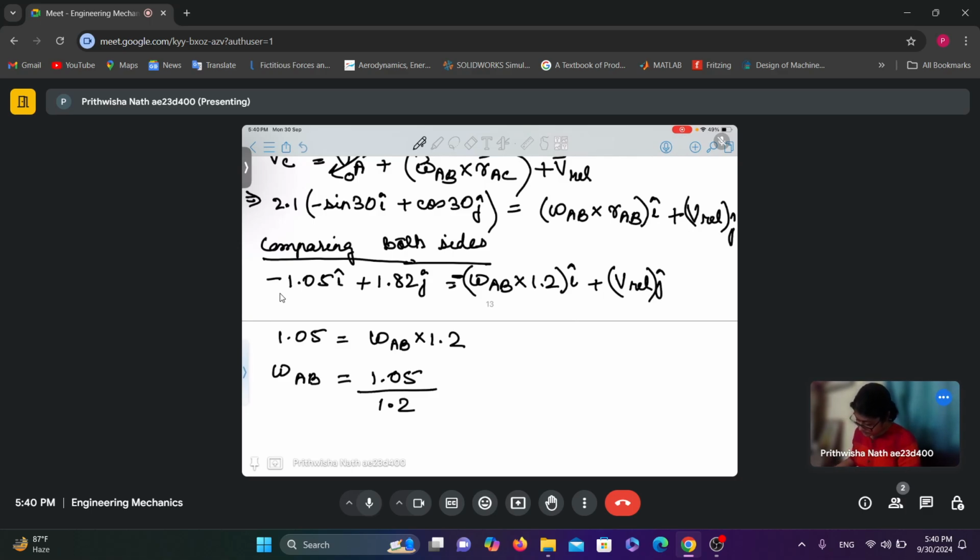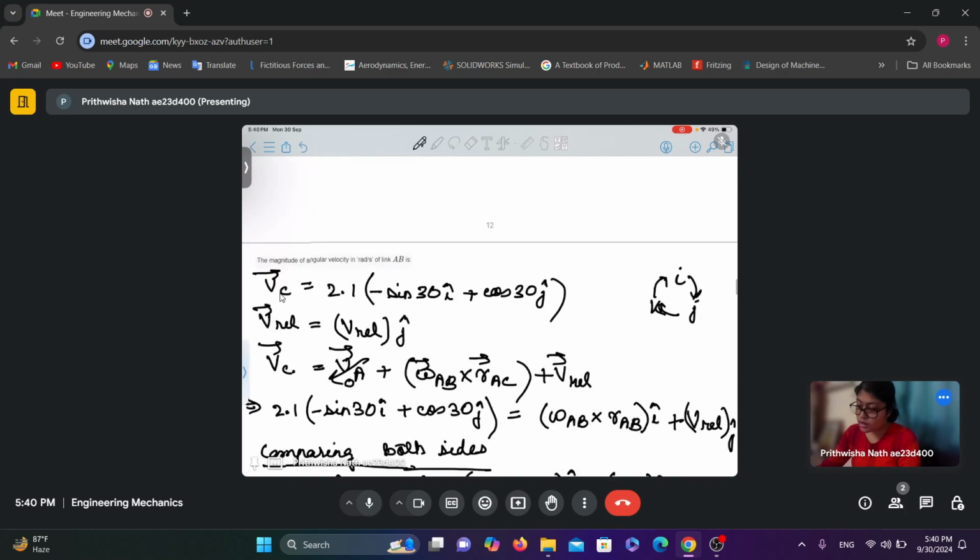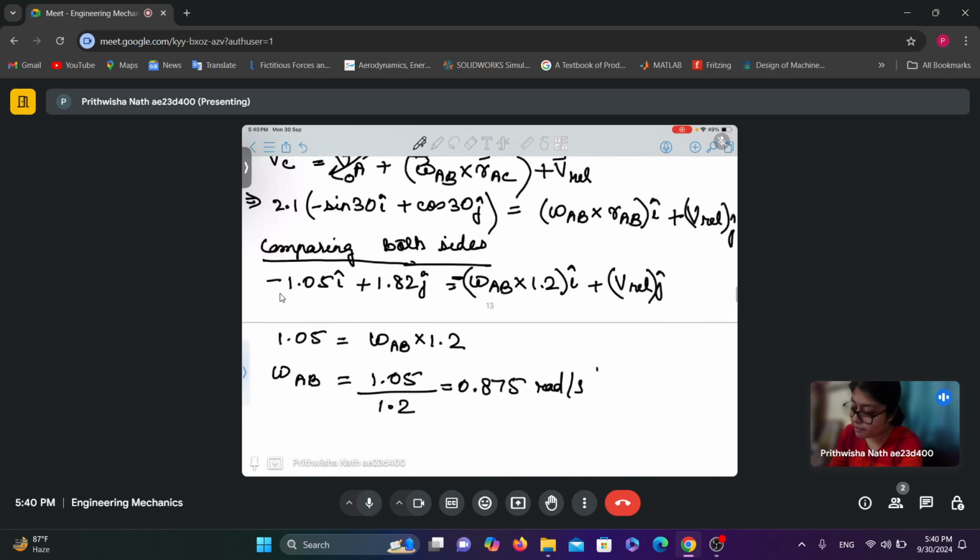So this will be 0.875 radians per second. So here we got omega AB.